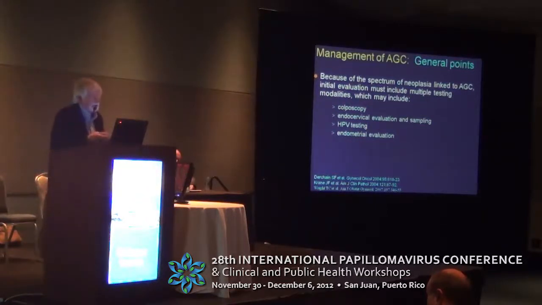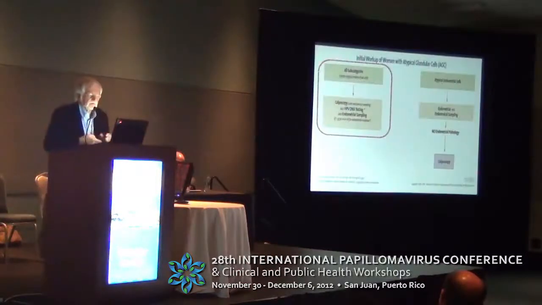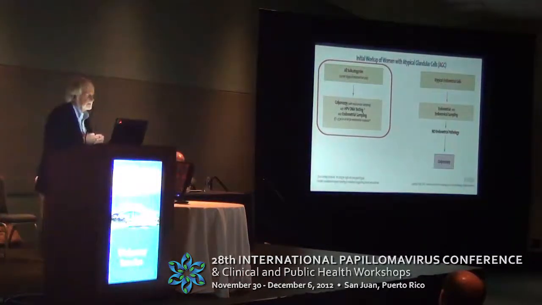And then endometrial evaluation if they're higher risk for endometrial abnormality. And we should never use either repeat cytology or HPV testing as the initial triage for AGC Paps. Unlike ASCUS Paps, AGUS Paps can have glandular abnormalities that are non-HPV related. So this is not a triage for the initial Pap management.